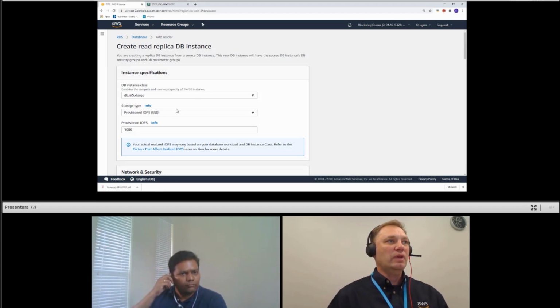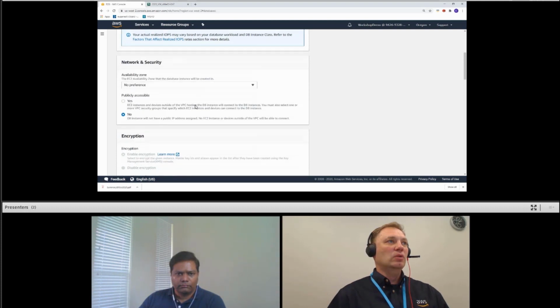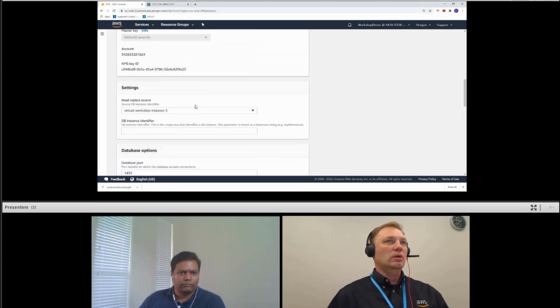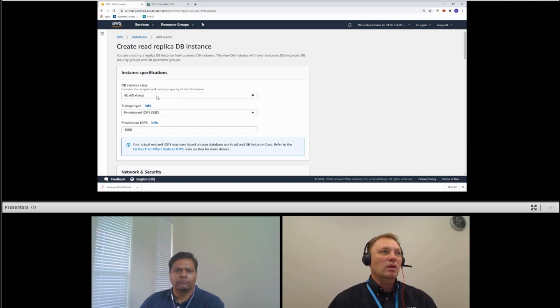And again, the screen is very similar to what you've seen already. I'm not going to talk about all of these configuration parameters, but I just want to mention one thing. Here's the power of read replica. Your read replica doesn't have to be sized exactly the same way as your primary.